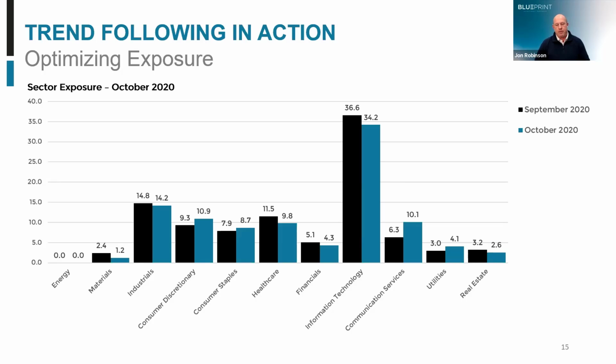And you can see here where your eye is probably going is technology, right? Where we reduced exposure going into October because we started to get some intermediate term downtrends in some of the larger tech names. Now, where my eye goes is the energy sector to the far left, where we have had zero exposure to energy.